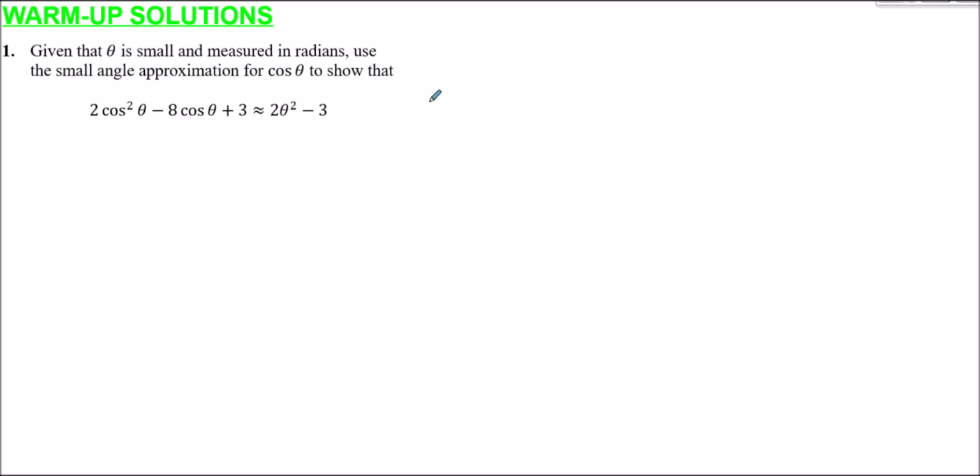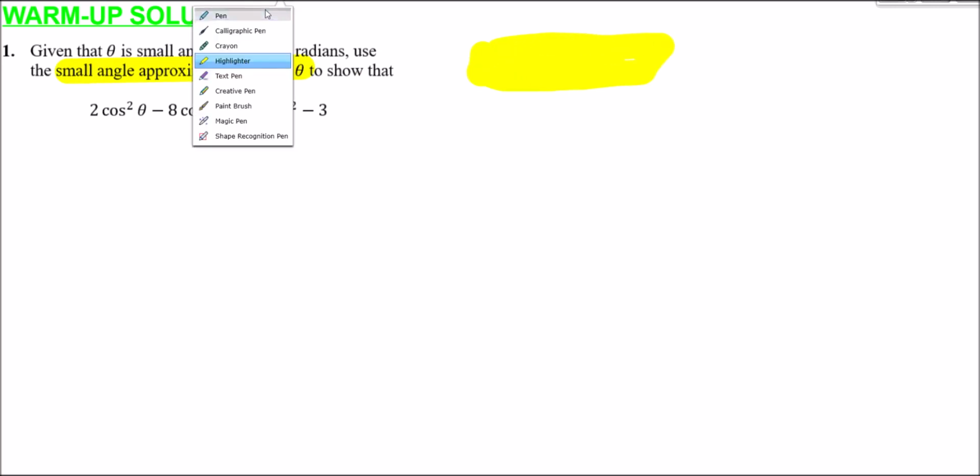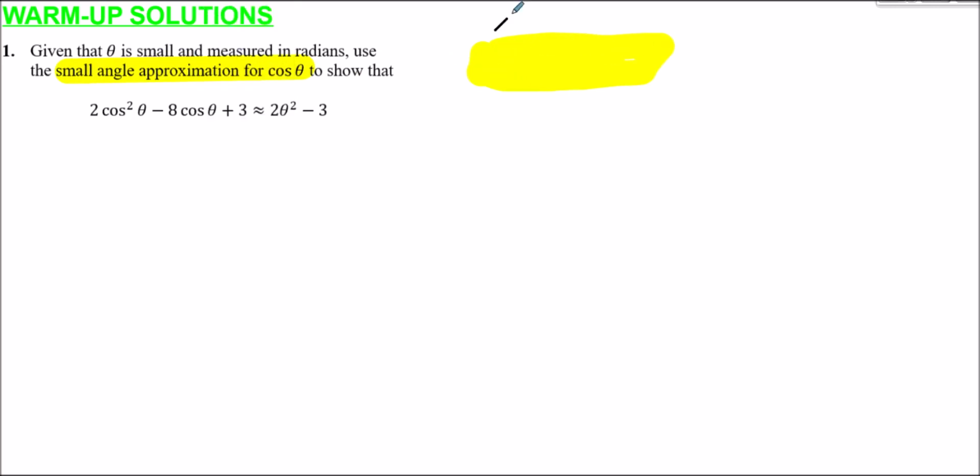So given that theta is small and measured in radians, use a small angle approximation for cosine of theta to show this is true. So that begs the question, what is this small angle approximation for cosine theta? Well, you need to know really that as theta approaches 0, cosine of theta becomes very, very close to 1 minus theta squared over 2.